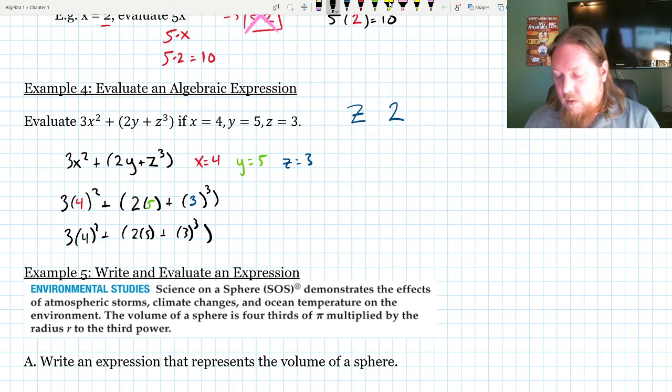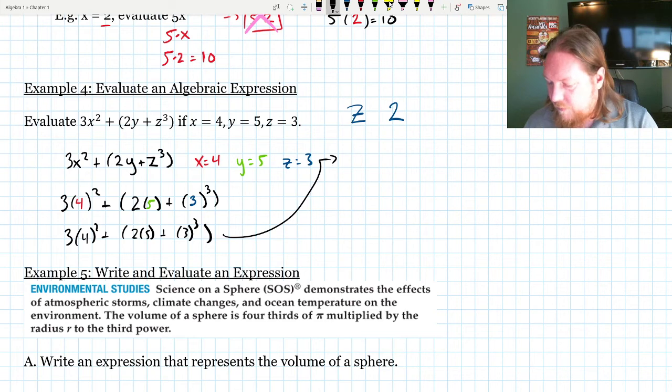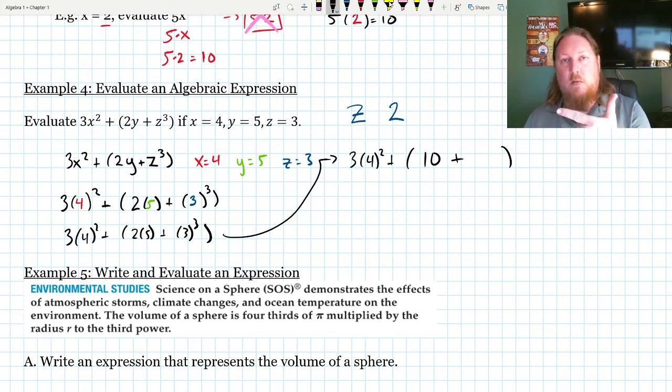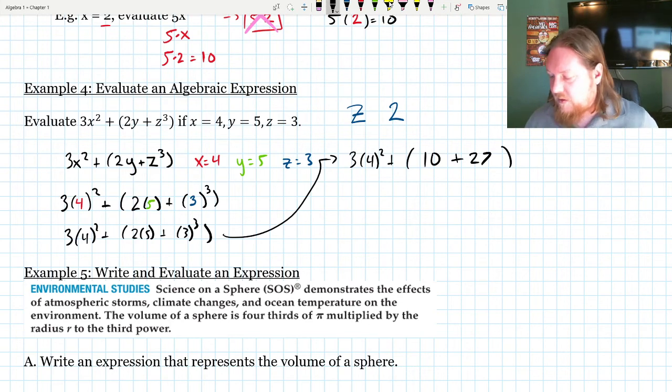I'm going to take care of all the stuff inside the parentheses, multiplication and powers. So I have, I'll draw a little arrow up here, 3 times 4 squared plus everything inside these parentheses. 2 times 5 is 10. 3 to the third power is 3 times 3, 9, times 3 again is 27. So that's simplified out there. And now I'm going to go 4 squared is 16.